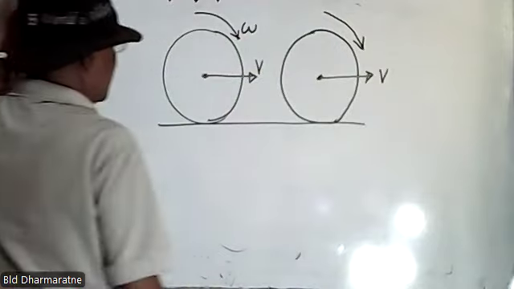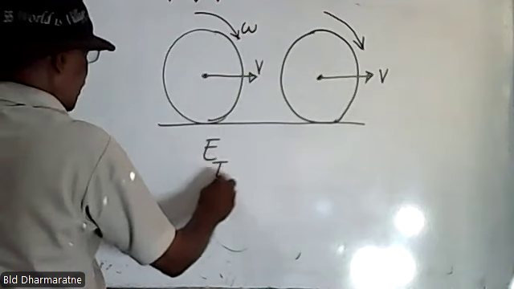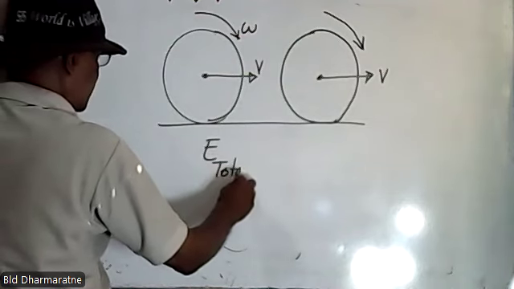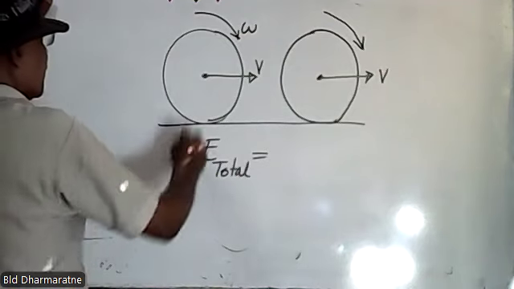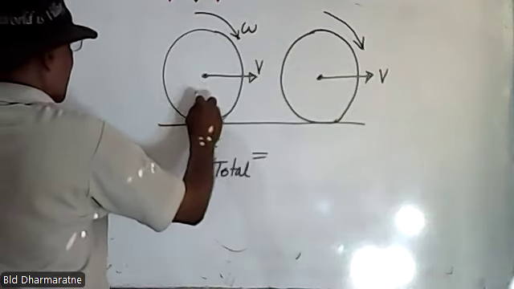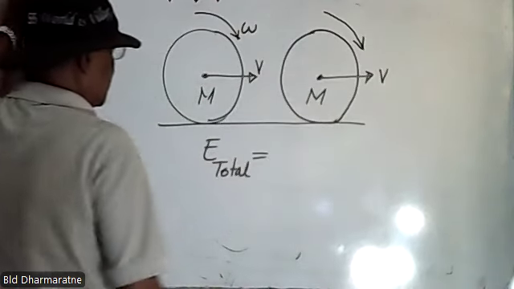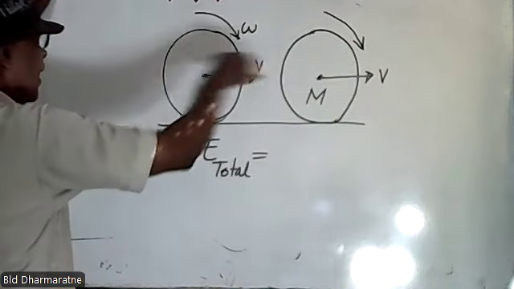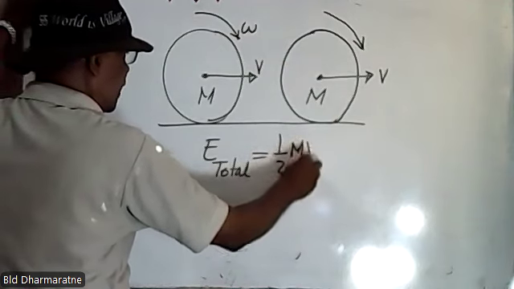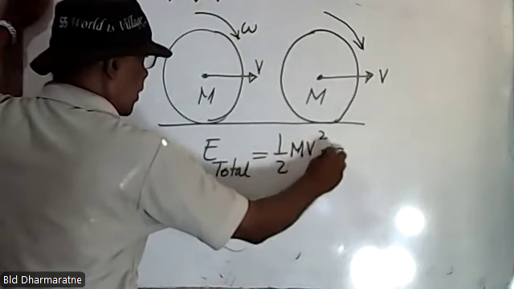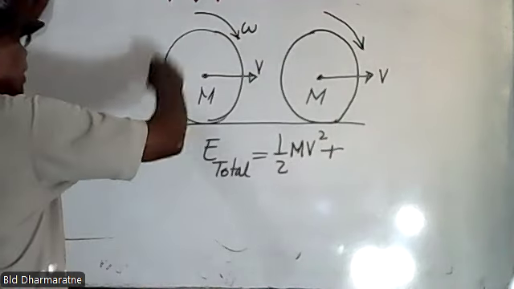This is the total energy. For mass m, the kinetic energy for the linear condition is half m v squared, plus the kinetic energy for the rotating condition.